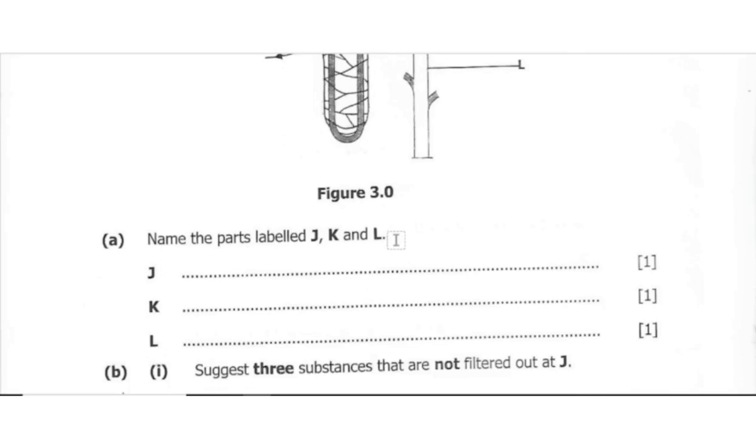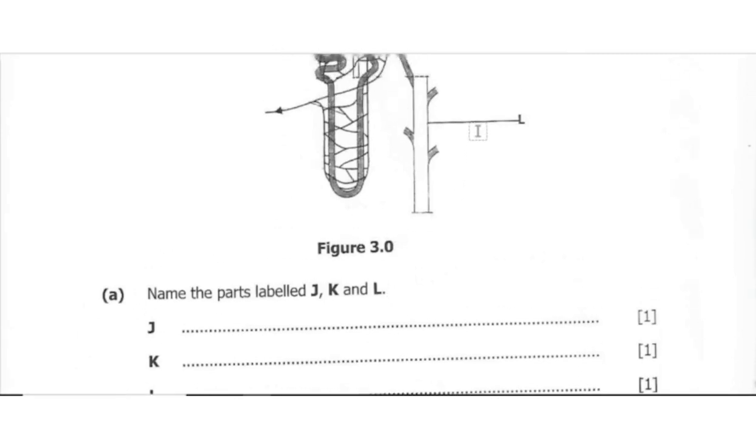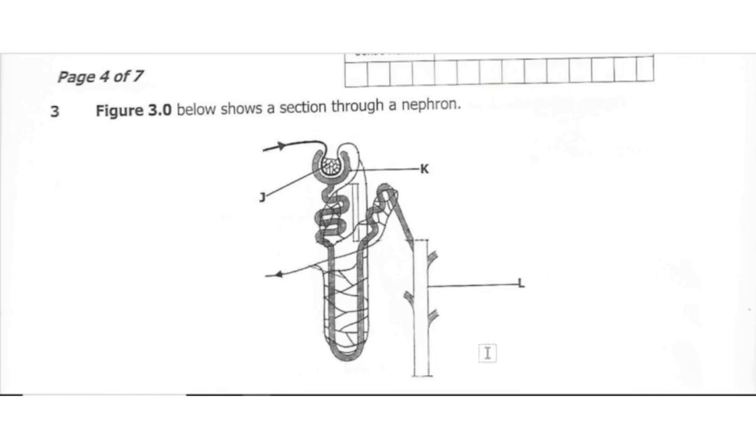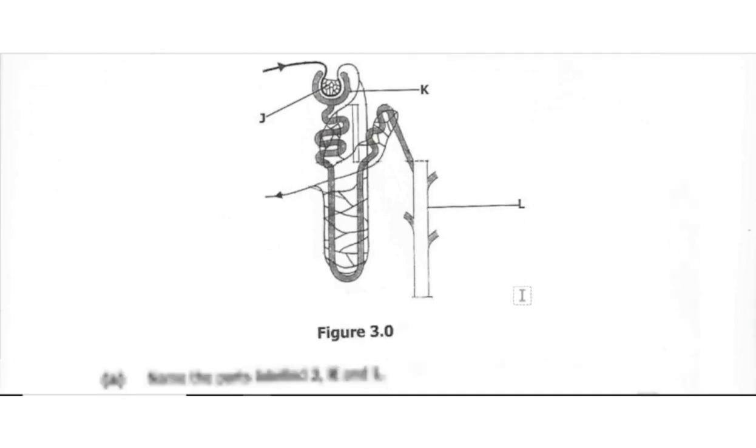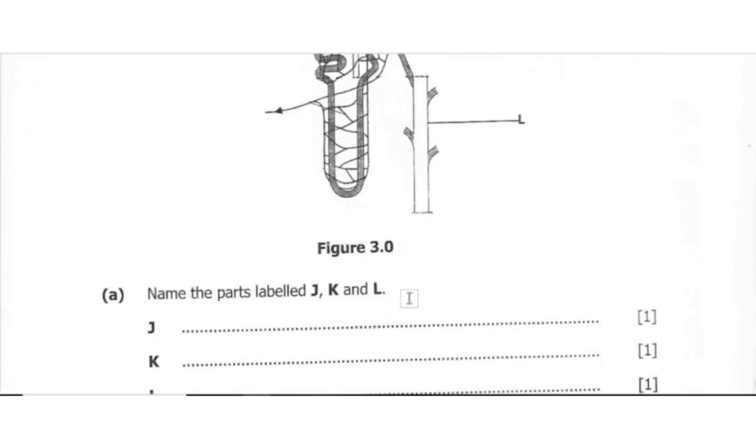So I'm going to go straight to the question, but before you go to the questions, you need to make sure that you study these and you also take note of the parts marked by the letters or by the names if they are named. Then you go to the questions. However, you should keep on going back to the diagram. Immediately after reading the question, you try to identify the parts by going to the diagram.